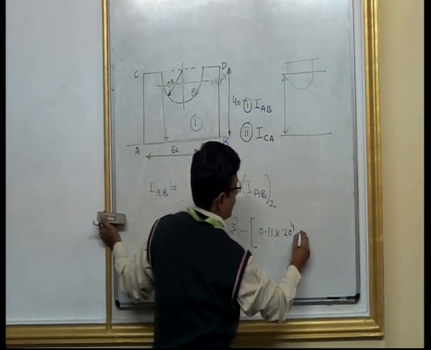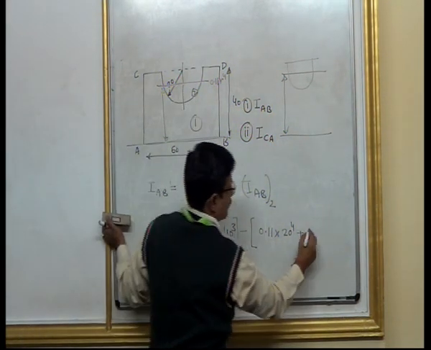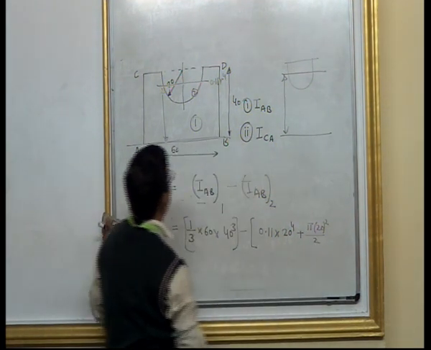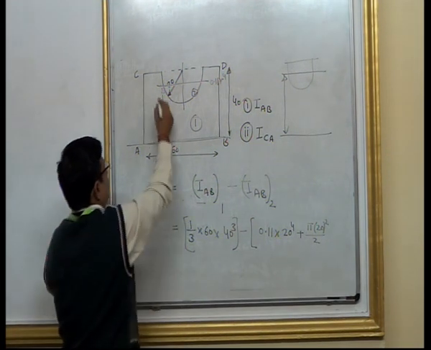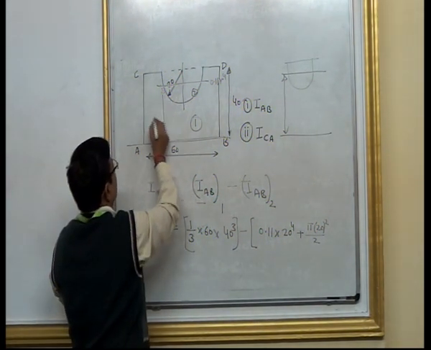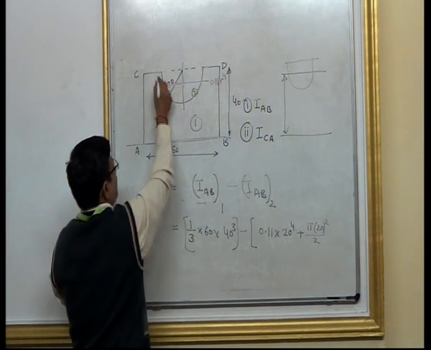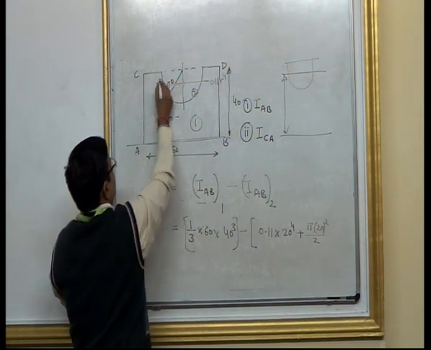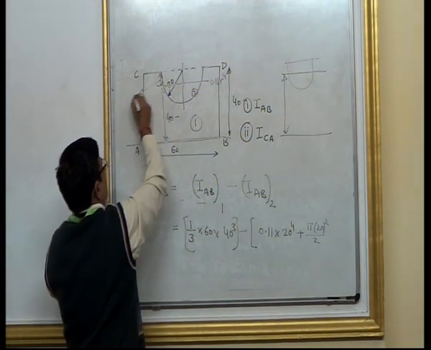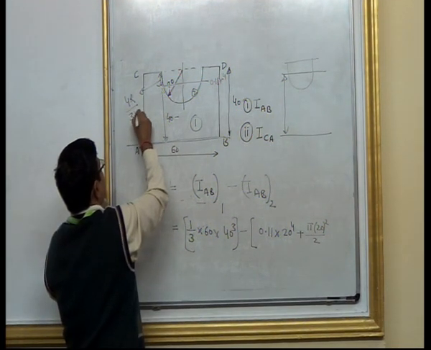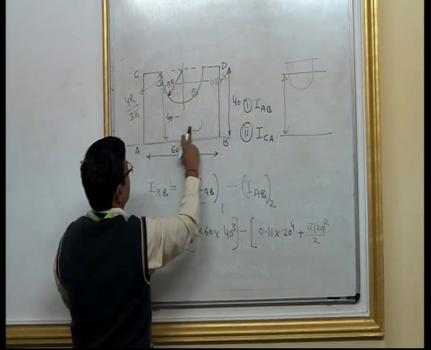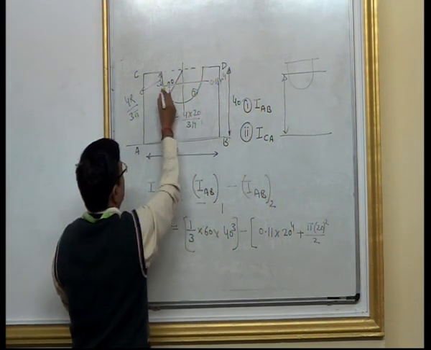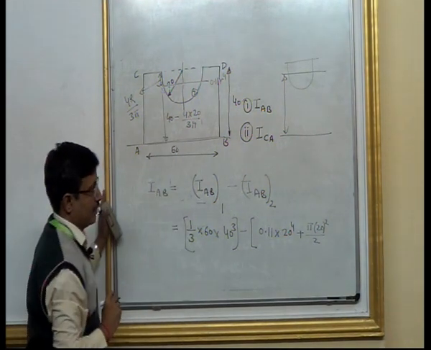Plus the area of the semicircle, that is pi r square by 2, half of the circle. Then this distance is going to be 40 minus this distance, which is 4 r by 3 pi. So this is 40 minus 4 r by 3 pi, the perpendicular distance between the two parallel axes.